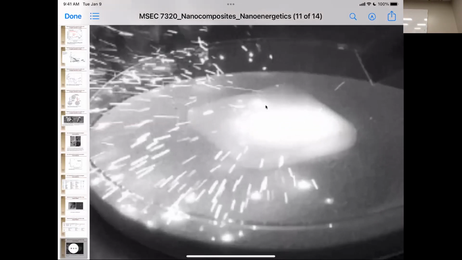Little sparky things are the aluminum burning in the hot gases of the blowtorch. I thought it was really neat that this is a macroscopic size material, and it gives this nice little behavior. Technically, this is not a detonable material. I would call this a pyrotechnic material because it does give off plenty of light.